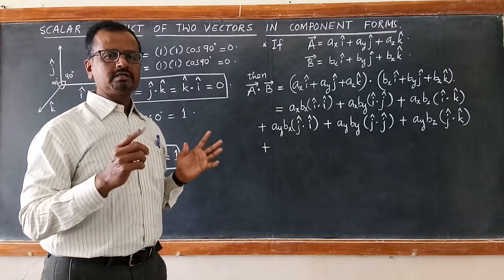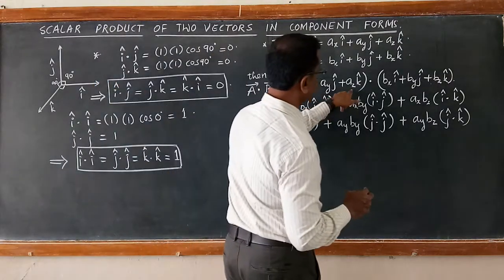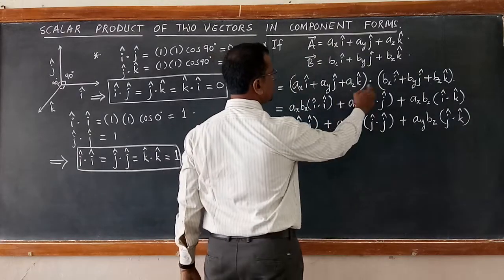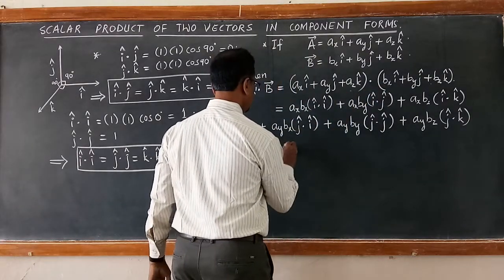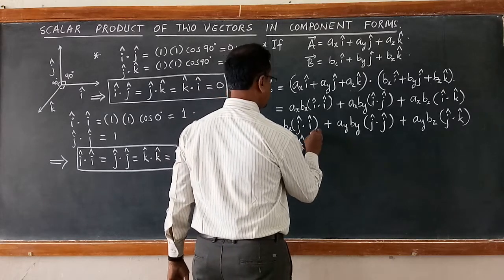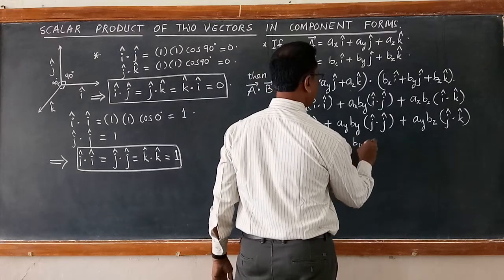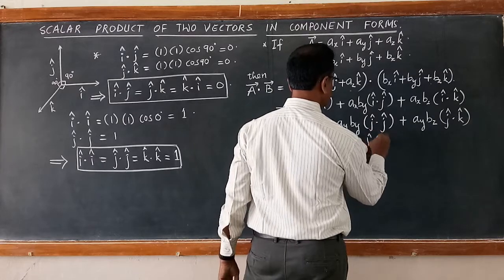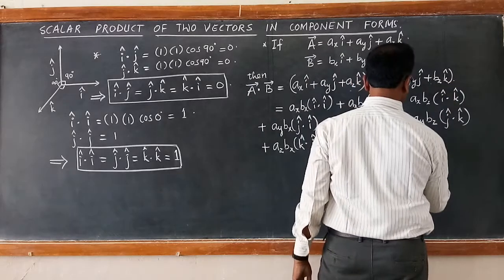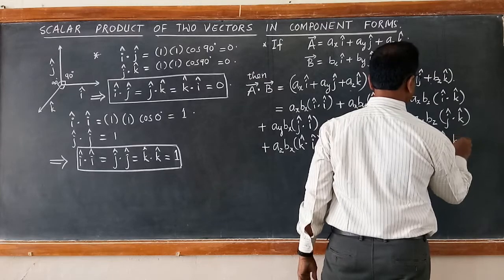The dot product or the scalar product also obeys the distributive property. AZ k dot BX i, so I can write AZ BX k dot i plus AZ BY k dot j plus AZ BZ k dot k.